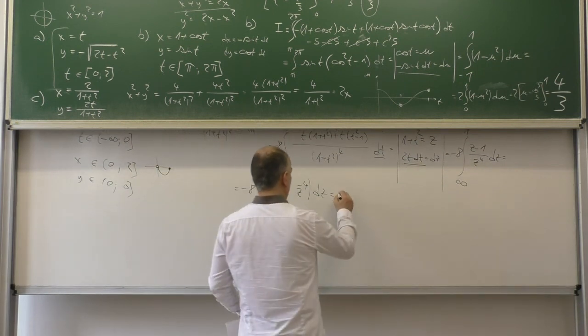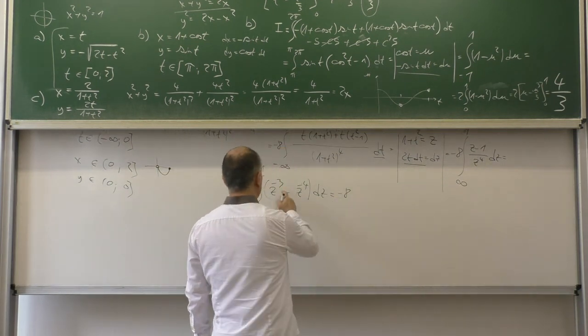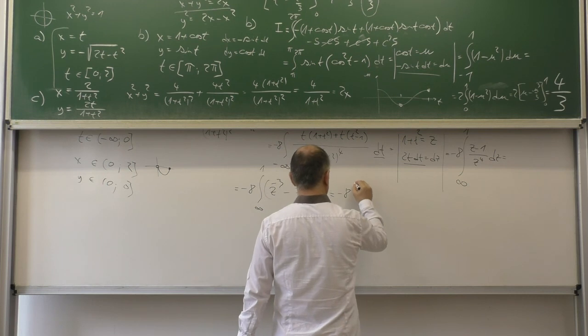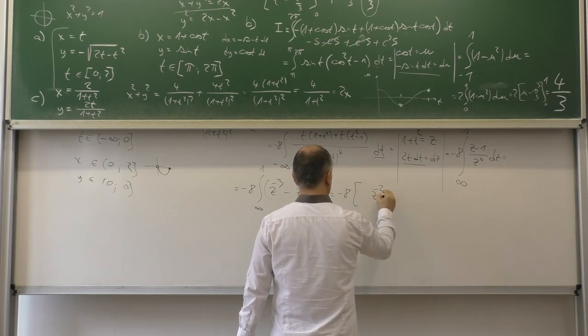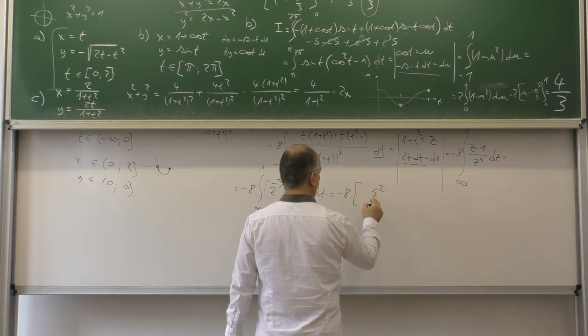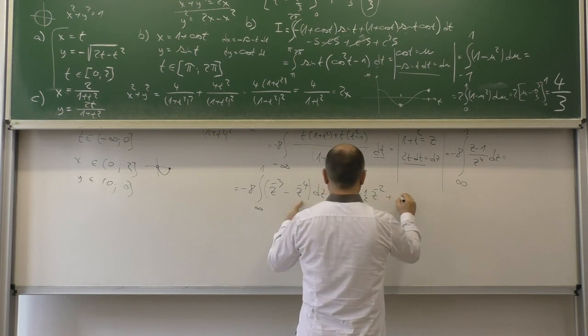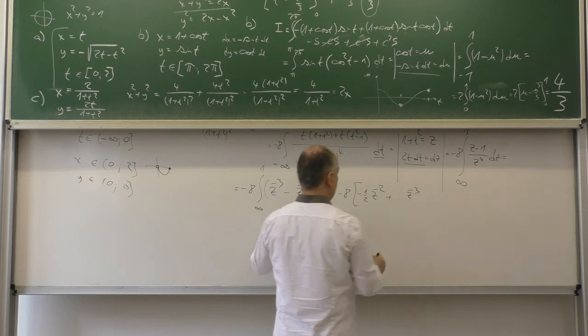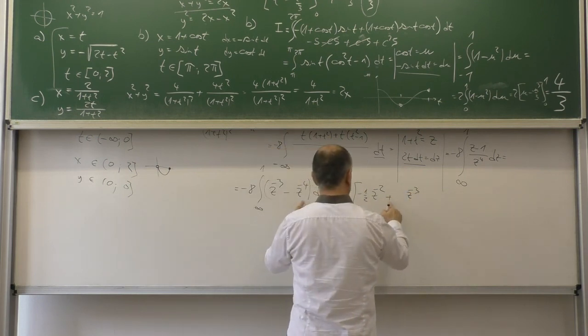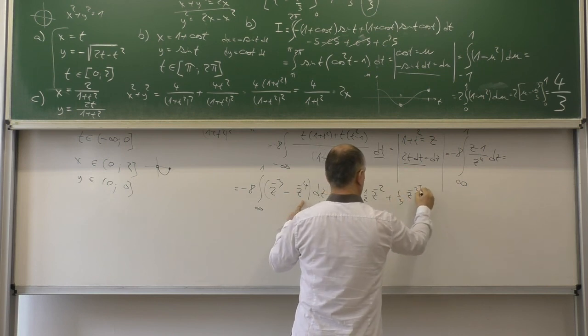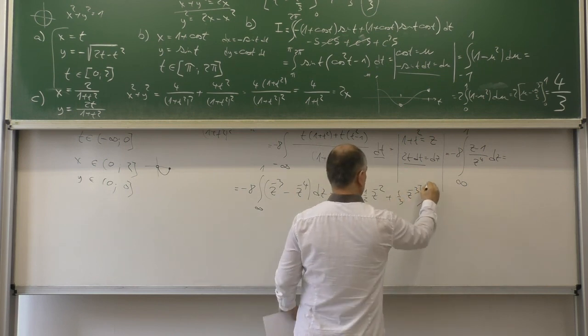The antiderivative is easy to find. This is z to minus 2 divided by minus 2 plus z to minus 3 divided by minus 3, which gives plus, from infinity to 1.